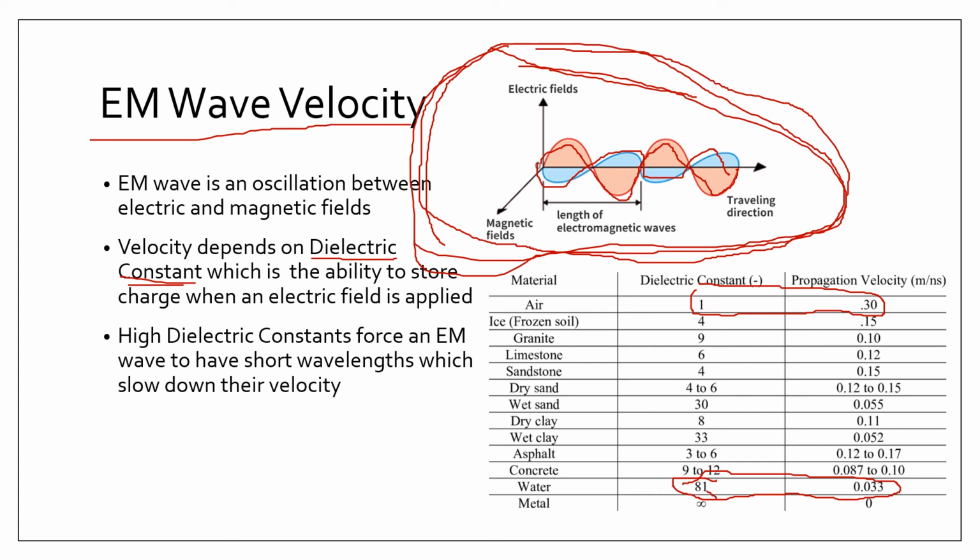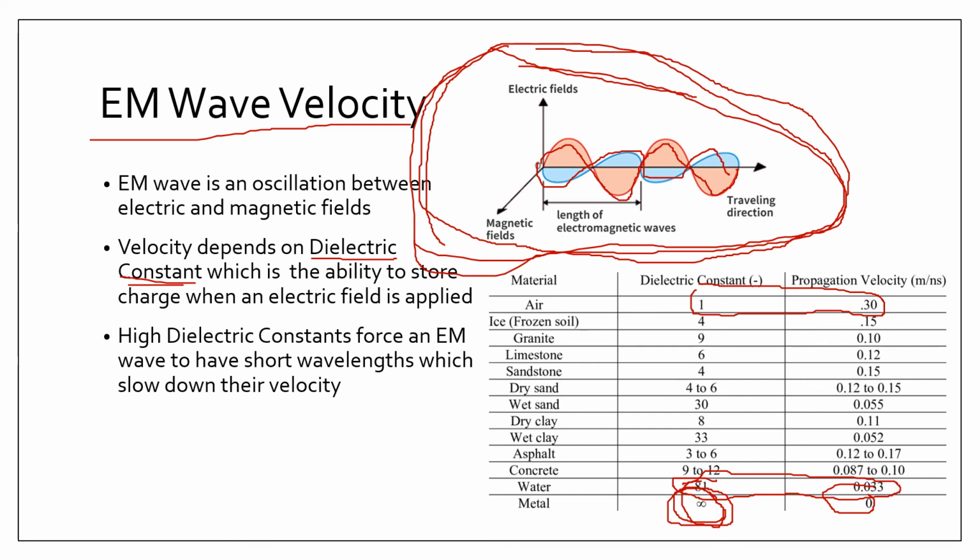While metals have an infinite dielectric constant, so metals just accept electric energy when they are subject to an electric field, and they have zero propagation velocity.